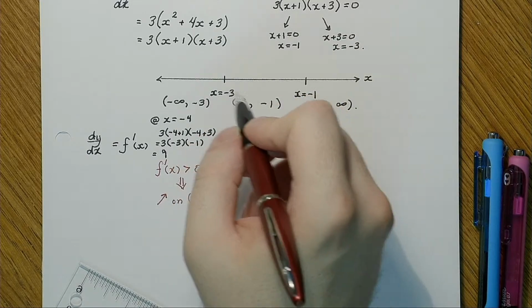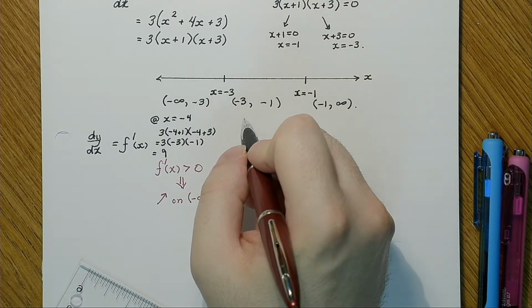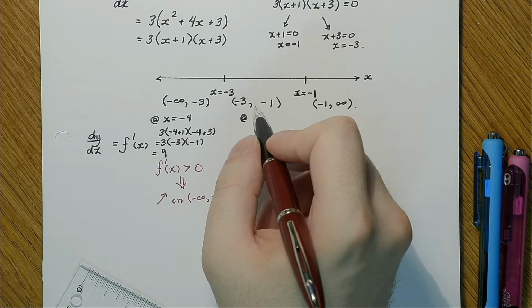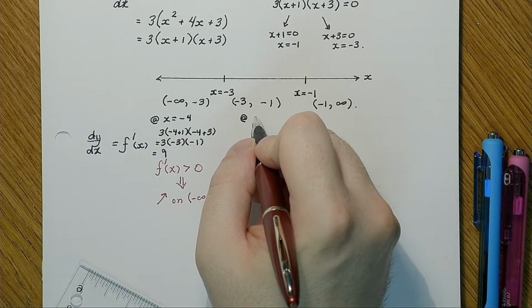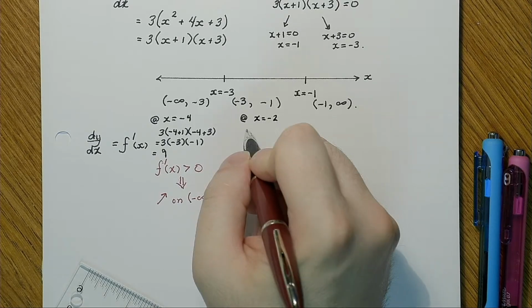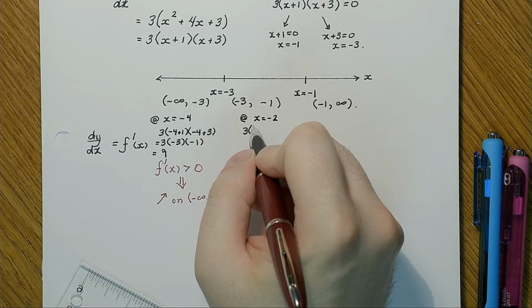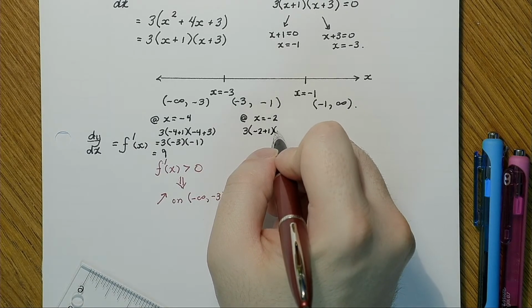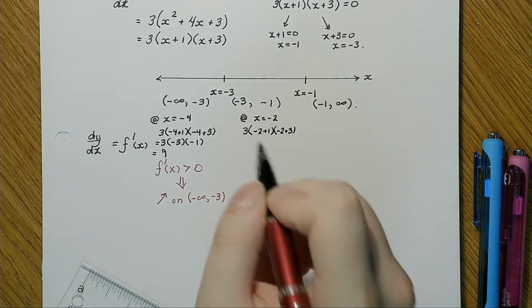Then I can pick some other point here. It has to be a point between -3 and -1. So I'll pick -2. So I have 3 times, and then -2 plus 1, -2 plus 3.